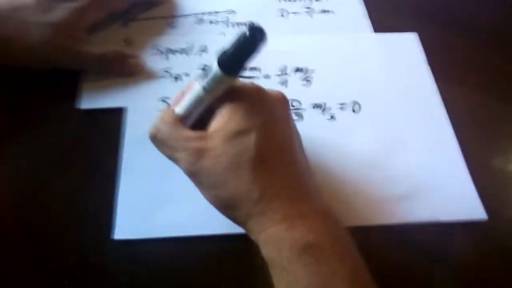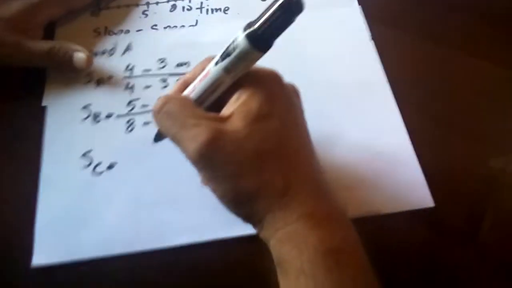And then I find the next velocity or speed, which is segment C, and I take any 2 points.